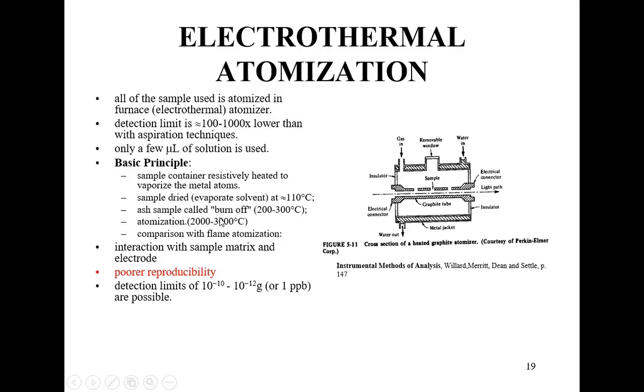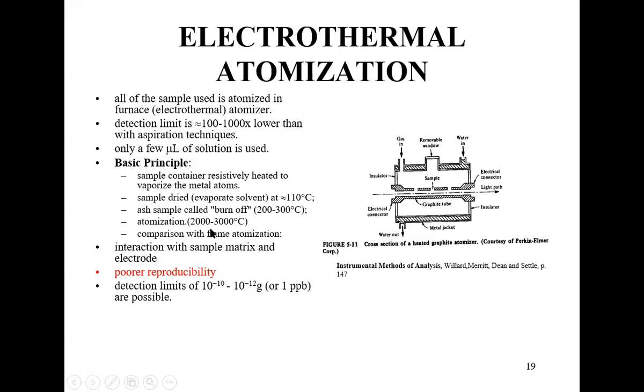What that means is burning off any other organic matter, ashing the sample at about 200 to 300 degrees Celsius. Usually organic matter burns at that particular temperature, around 200 to 300.